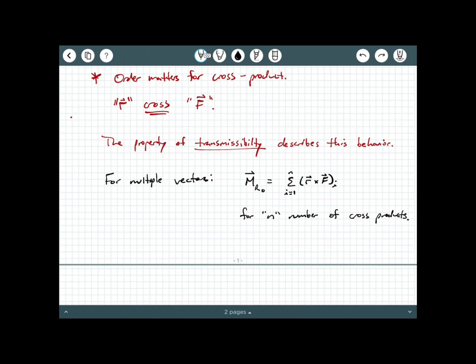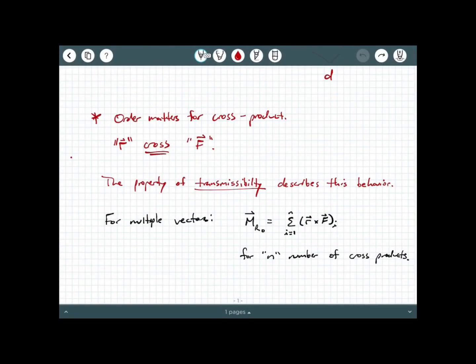Okay, so if you got two vectors each at a different R value, you say R1 cross F1 plus R2 cross F2, so on and so forth. Okay, so again, for multiple force vectors, you want to compute this operation and add up all the Cartesian vector components properly. Okay, so that's the background of this. We're going to get into a couple of numerical examples that illustrate this property.